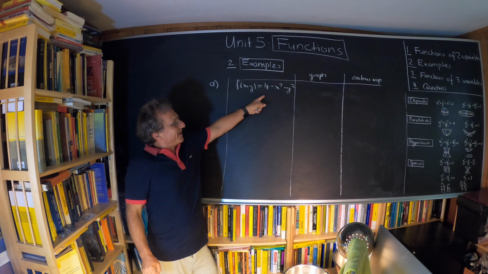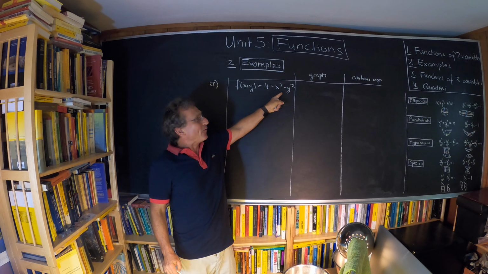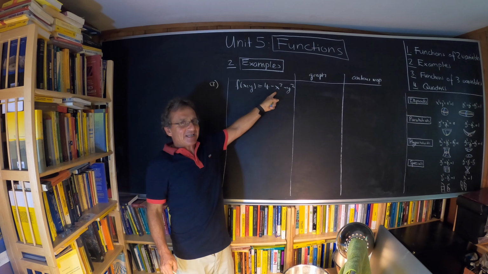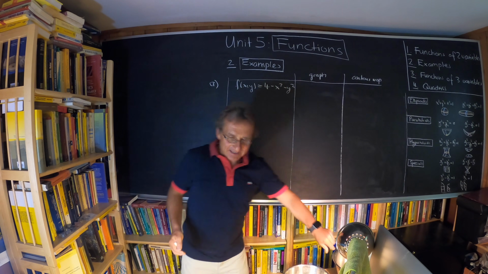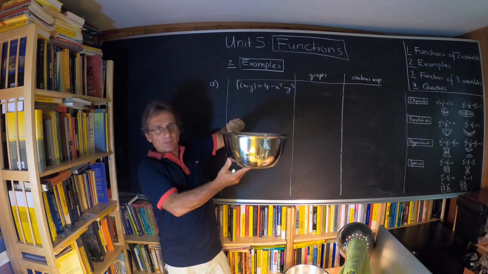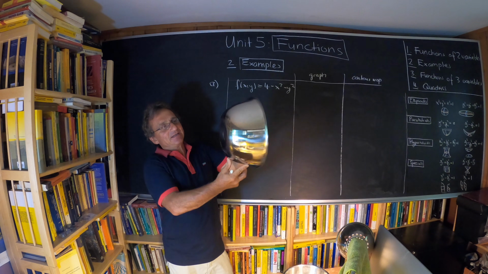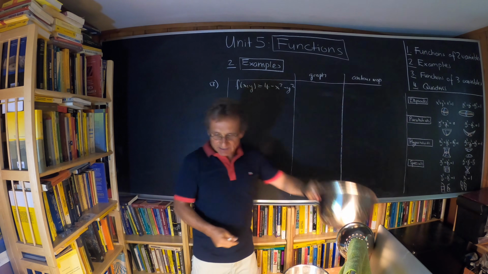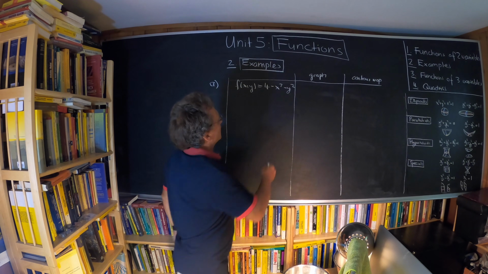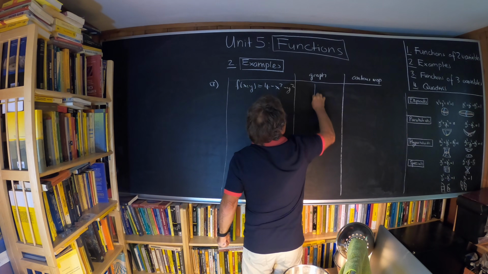In this case, it's very similar to what we had before, but just now the sign has changed. The graph was before a kind of paraboloid like that. Now it's upside down. So let's just draw that.